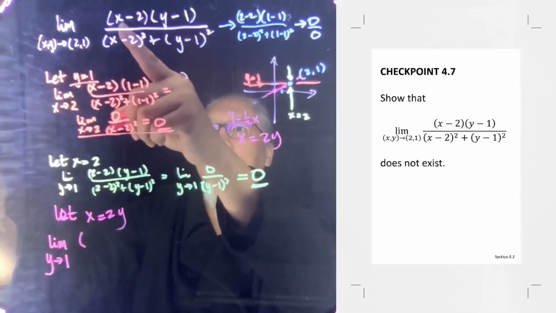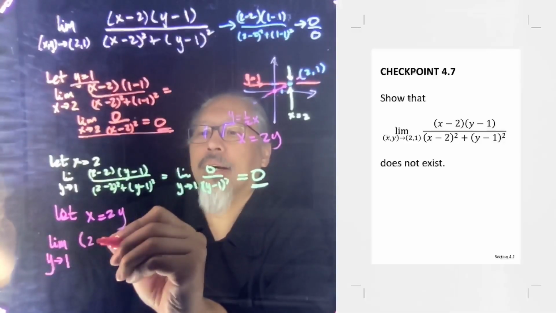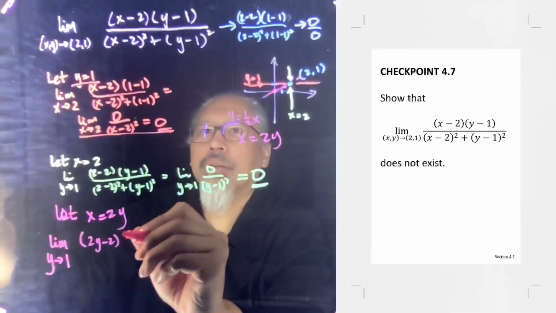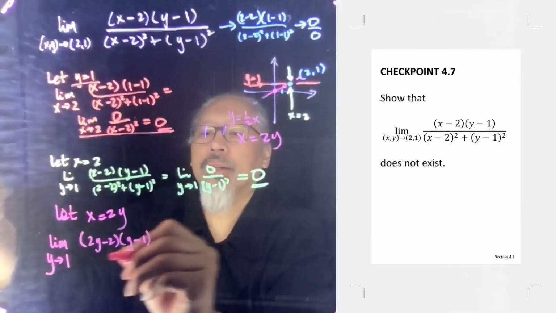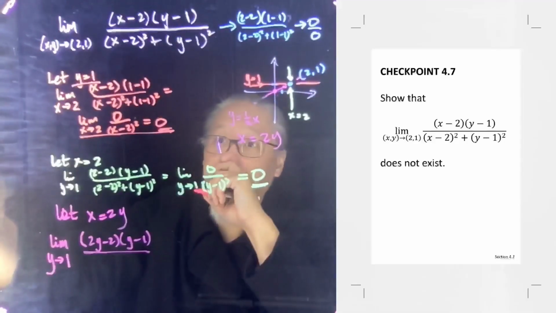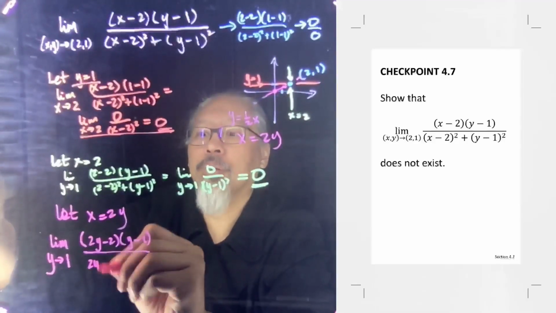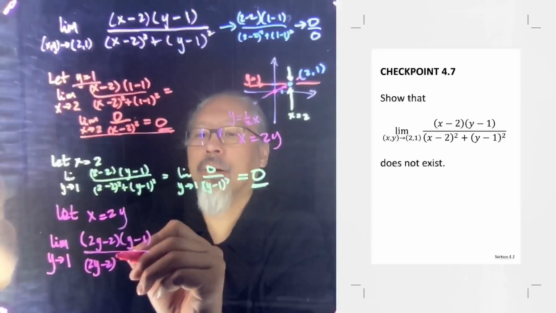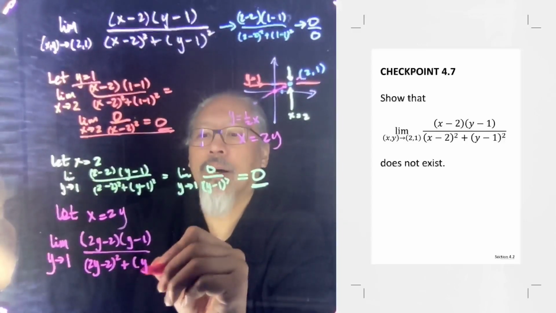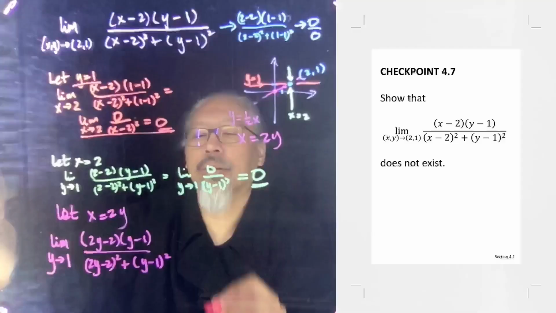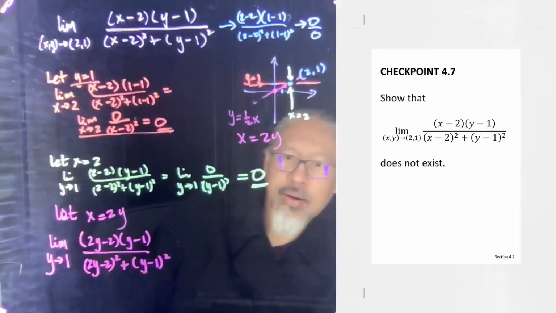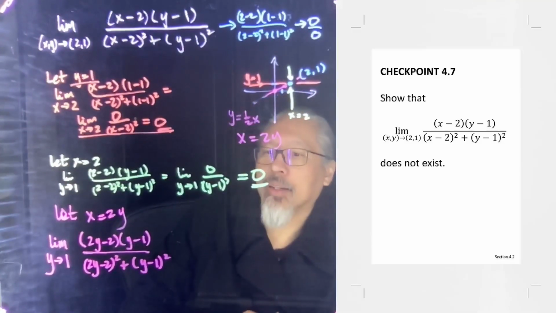So what do we have in the numerator? X is going to be 2y minus 2, y minus 1. The denominator is going to be 2y minus 2 quantity squared plus y minus 1 quantity squared. Alright, so let's find the limit of this.